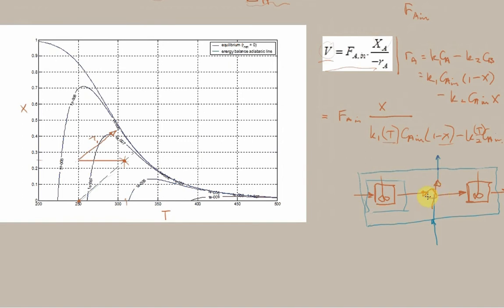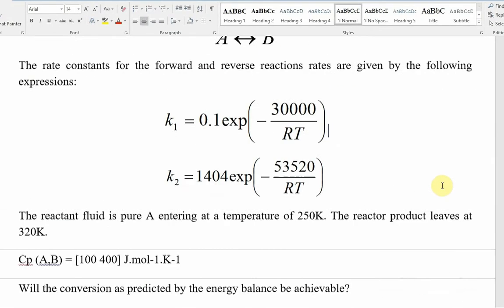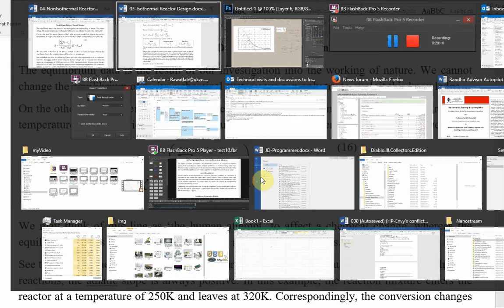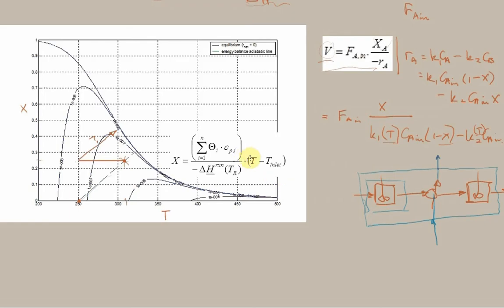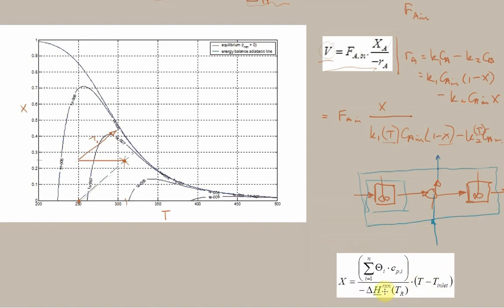Now, if we go to our energy balance, just looking back here for the energy balance, let's just pull this out. So if we pull the energy balance in here, we can see that the gradient of the line, dX/dT, sorry, the gradient, is only dependent on the inlet molar flow ratio and the heat of reaction.